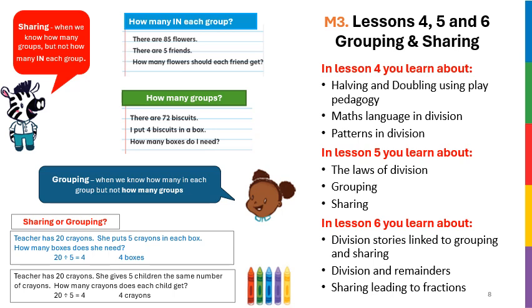If we look at our screen, I have an example at the top with a blue background which reads how many in each group. There are 85 flowers. There are 5 friends. How many flowers should each friend get?